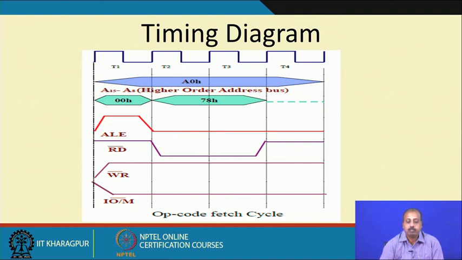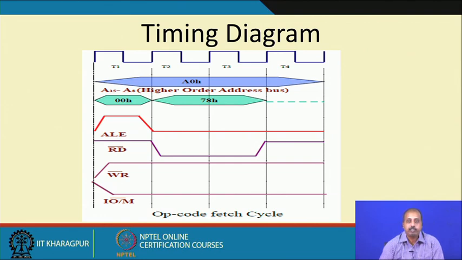So this is the opcode fetch cycle, and every instruction has this opcode fetch in it. As I said, if you reset the processor, it will put the program counter value onto the address bus. On the higher order address bus PC high will go, on the lower order address bus PCL, the lower order 8 bits, will go, and the ALE signal will be generated.